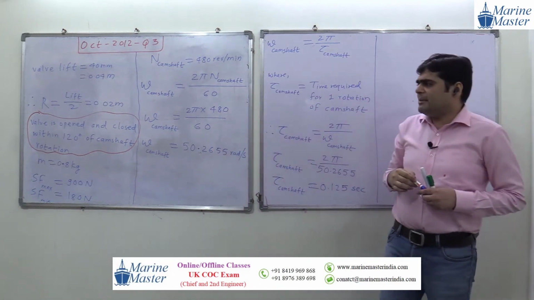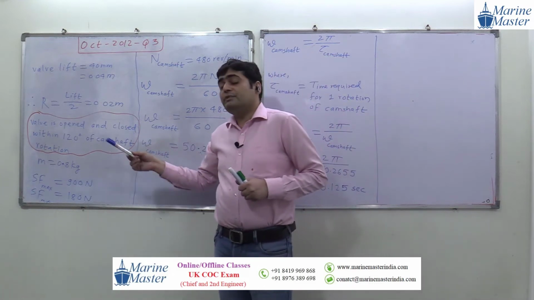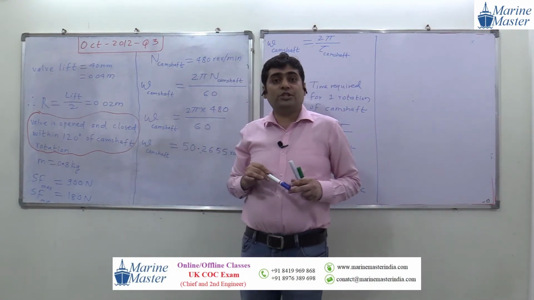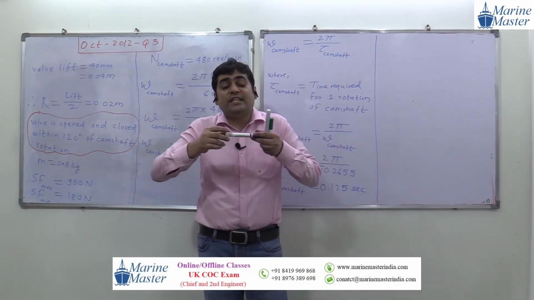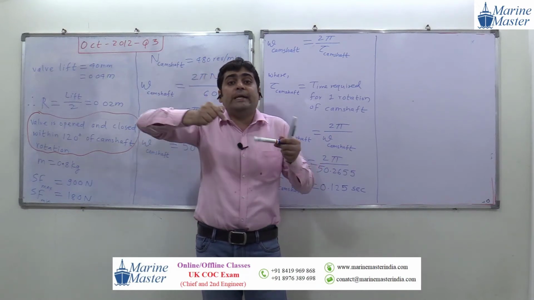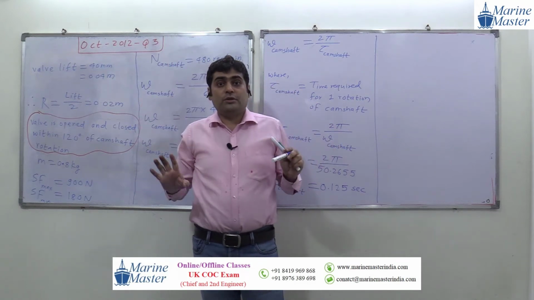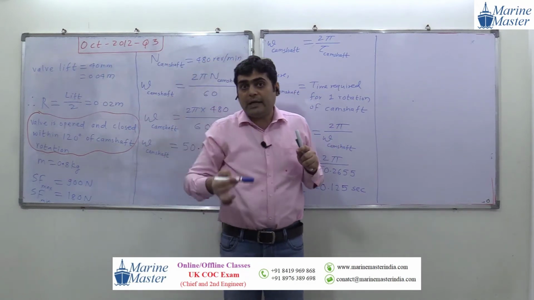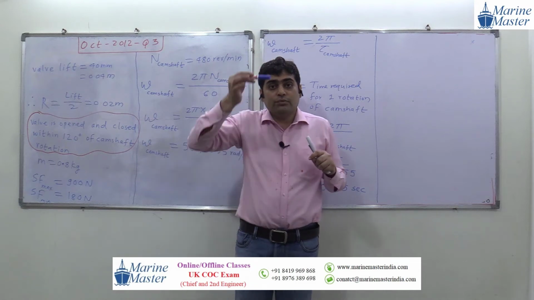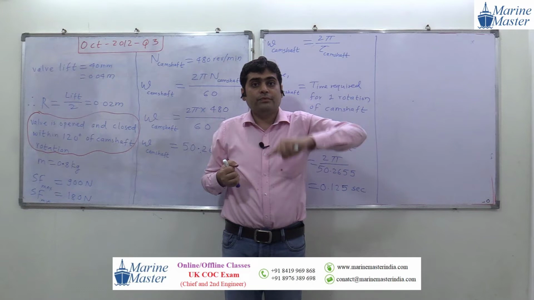Now they mentioned, guys, that the valve is opened and closed within 120 degree of camshaft rotation. It means that out of the 360 degree of camshaft rotation, only in 120 degree the valve is opened and closed. What is the meaning of open and closed?